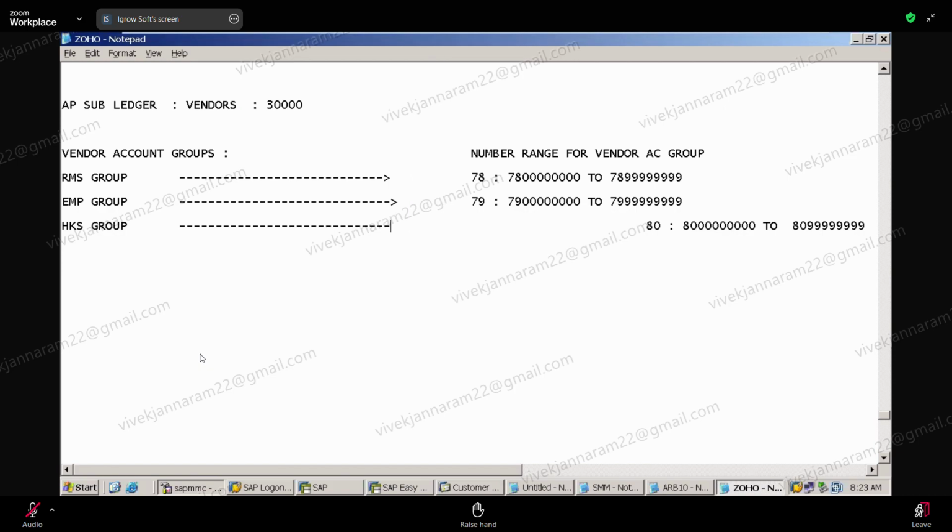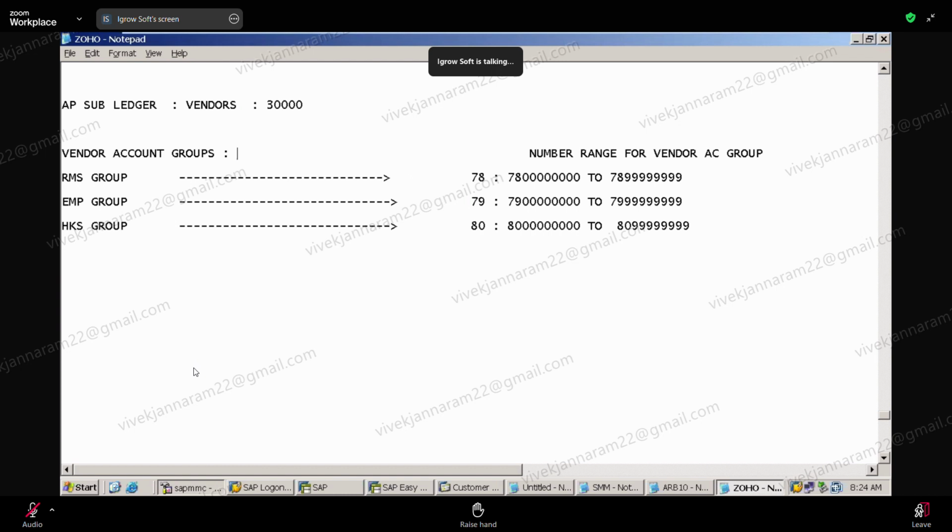Got it? Like that I will link. This is what we call assigning. We will assign. Step number 1, I will create the group. Step number 2, I will define the number range. Step number 3, I will assign.